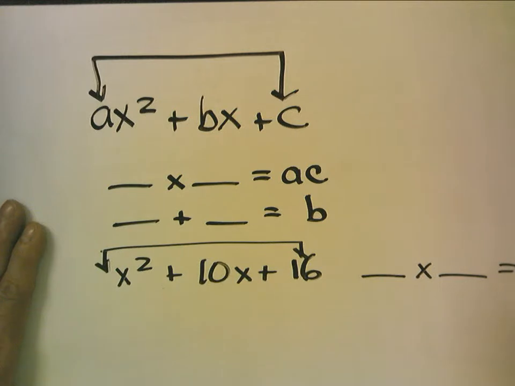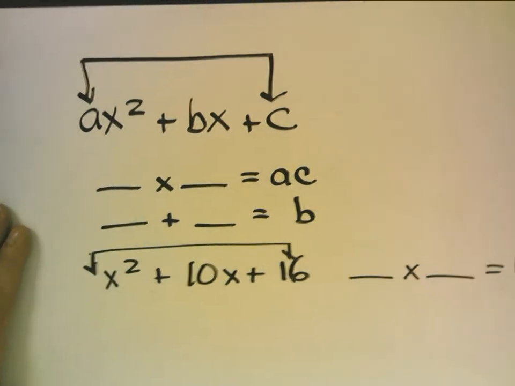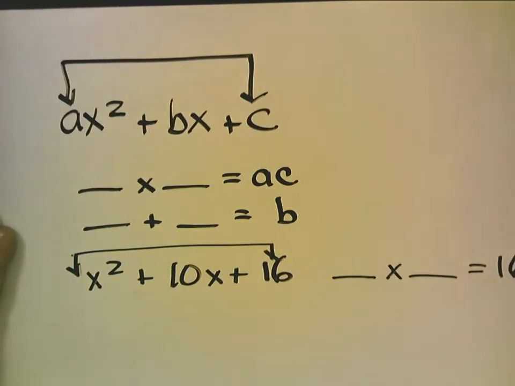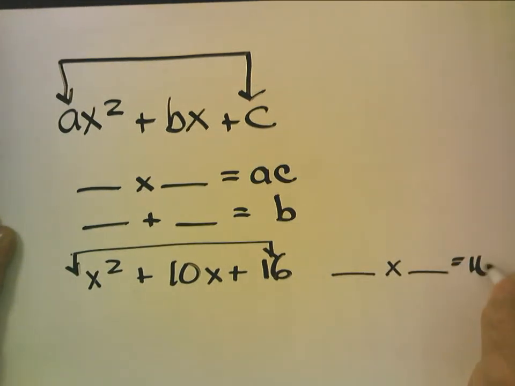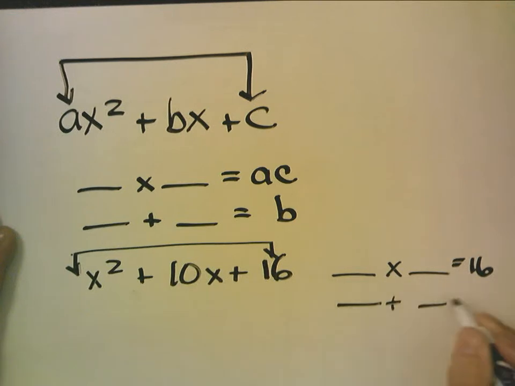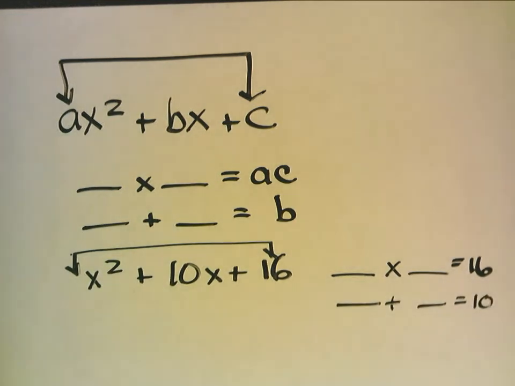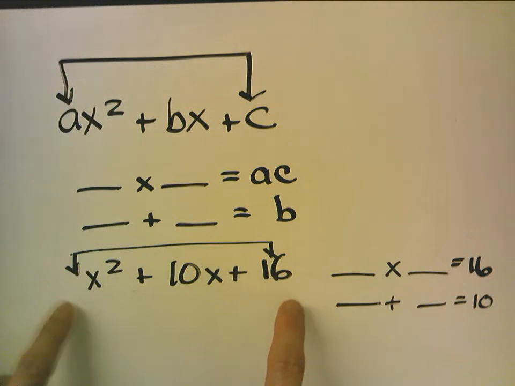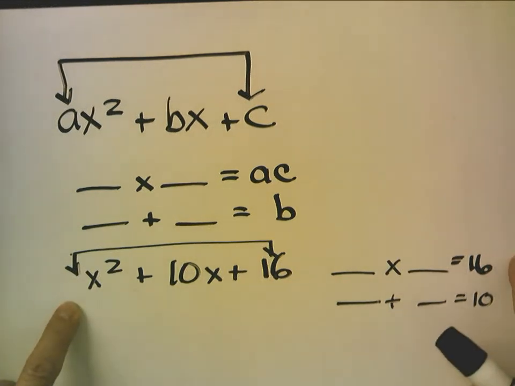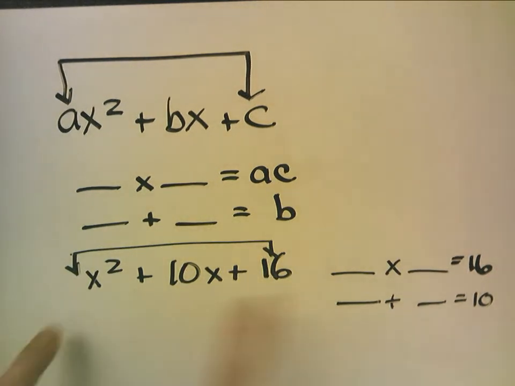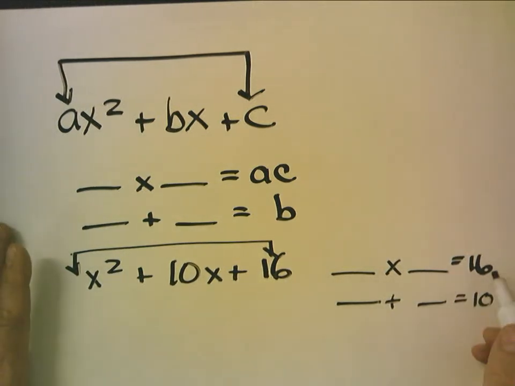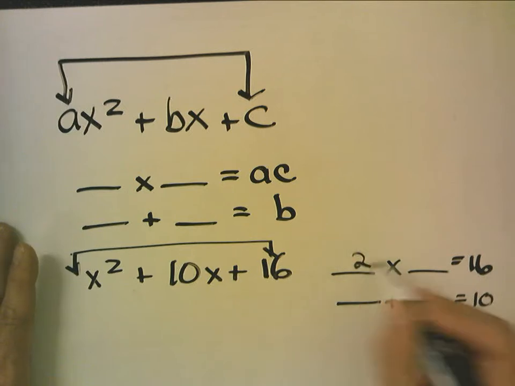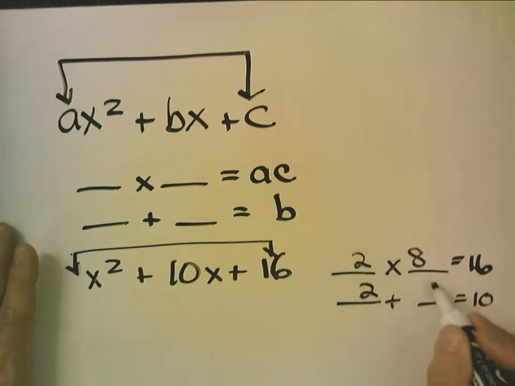So we're looking for 2 numbers that, when multiplied, equal 16, but when added, equal 10. Because we're looking for numbers that multiply to a times c, which is 16, but add up to b. Now, 2 numbers that, when multiplied, equal 16 would be 2 and 8, but when added, equal 10.